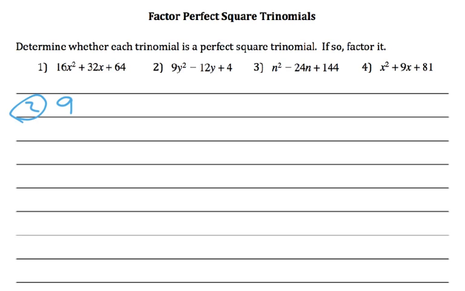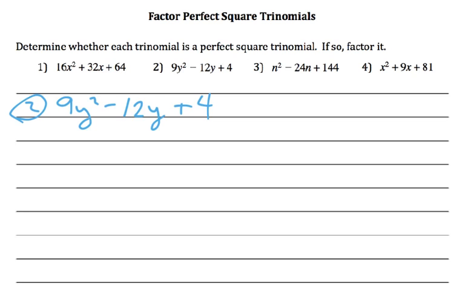We got 9y squared minus 12y plus 4. Now, unlike the last problem where we could factor out 16, I probably want to do a quick scan and think, well, I could pull out 1, 2, or 4, which would work here, but not with 9. So we can't pull anything from this.